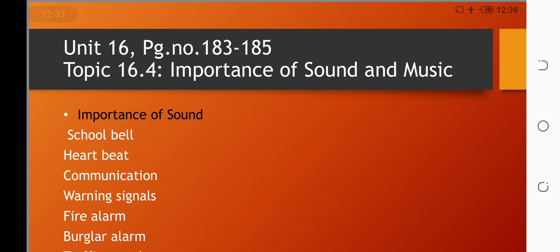So you can say that there are different types of musical instruments through which we can produce a pleasant effect. The importance of sound can also be seen in that you are listening to me and I am delivering the lecture and you are understanding the concepts. So this is also the importance of sound, you can say.